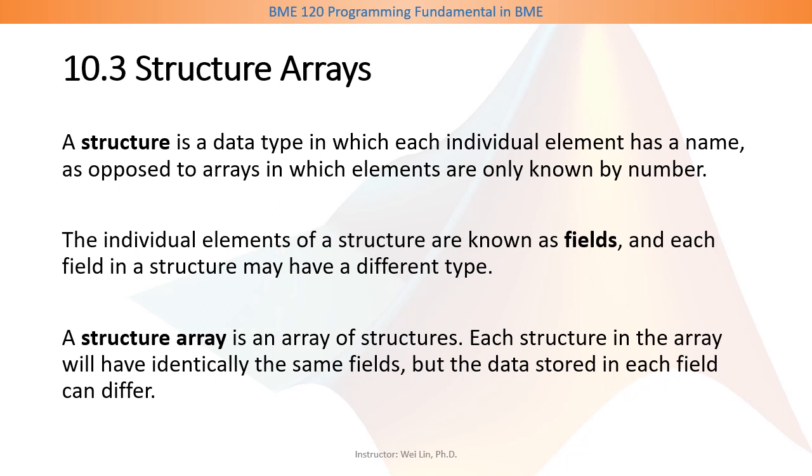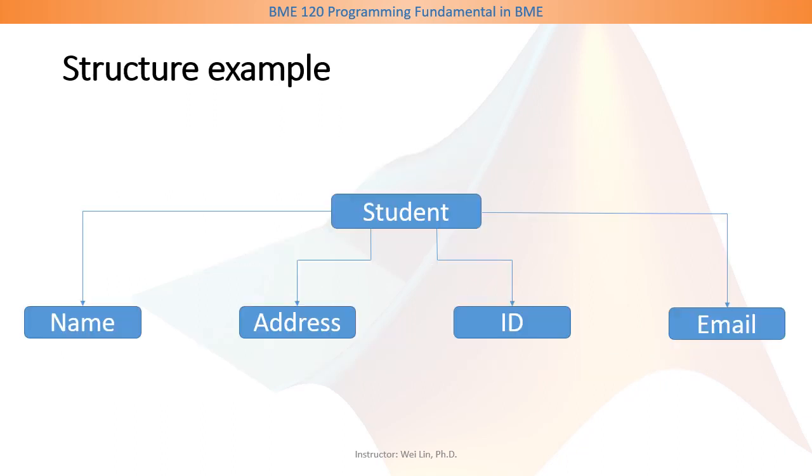If you put the same structures together, you can form a structure array. In this structure array, each element has identical fields, and the data stored in each field can differ. Here is an example of a structure.